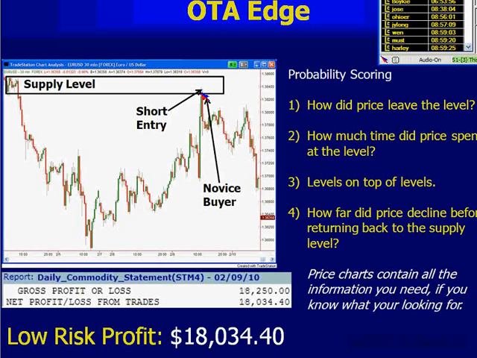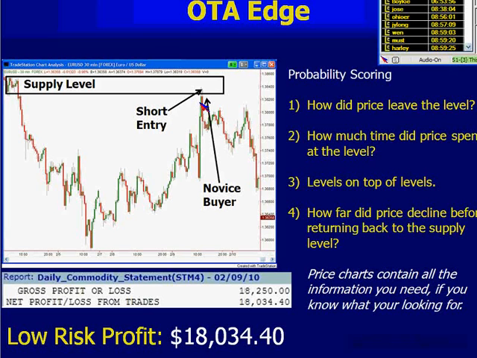So one of these items that you want to focus on is we want to be a buyer or a seller on the first retracement into an area that has a big profit margin. In other words, when all 3 or 4 of these items are true, if you were to add a 5th, you would say, I want to get in on the first retracement to the origin of the breakout.